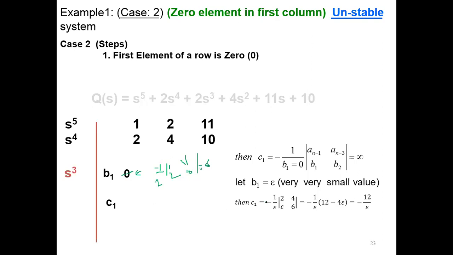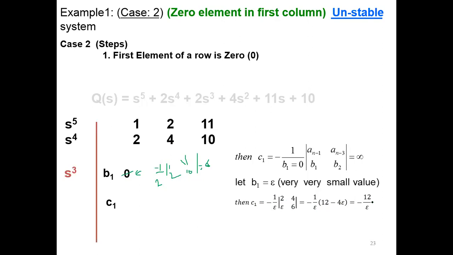And here we have minus 1 over epsilon, 2 epsilon, and 4 and 6. So solving this value, 12 minus 4 epsilon. When we multiply this term, minus 12 over epsilon plus 4 epsilon, here we have 4 plus 4 epsilon.